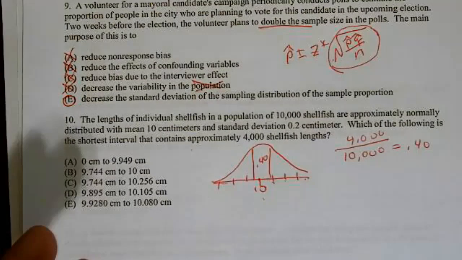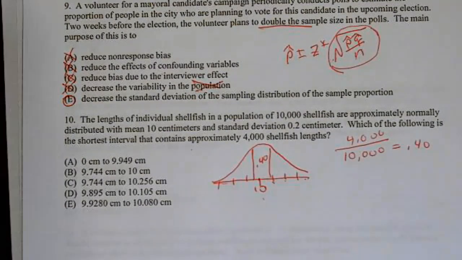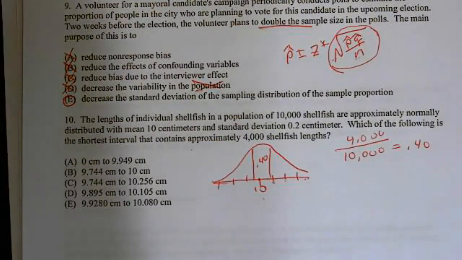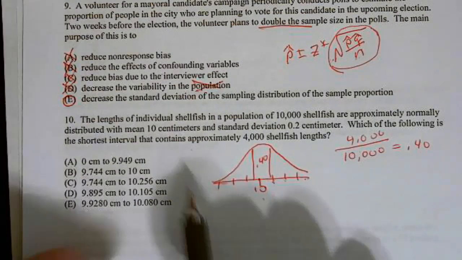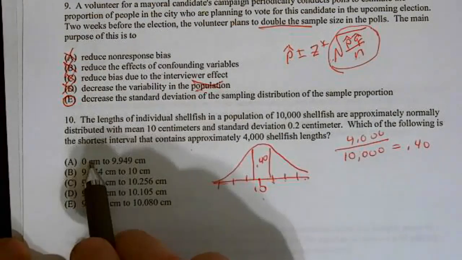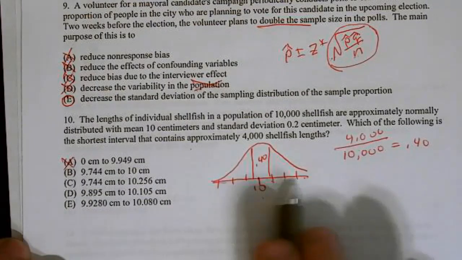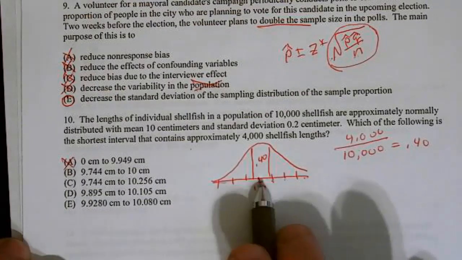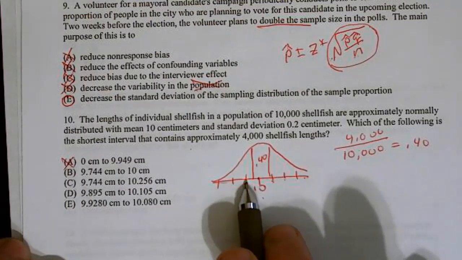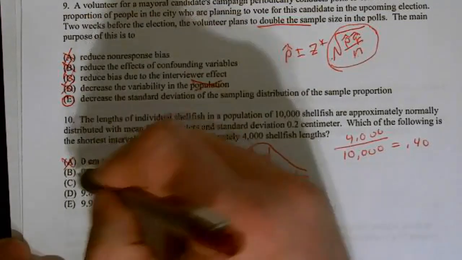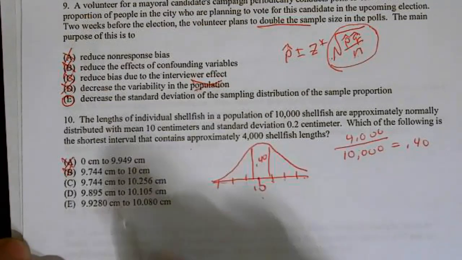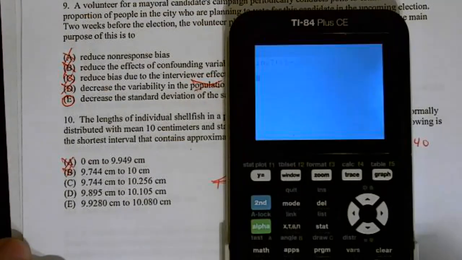There's a couple ways to go about this, but I'm going to look at the ones that are centered on the mean. I'll take this first one. This is not centered on the mean, so I can skip it. This is also not centered on the mean because it's 9.74 to 10, so that's not centered. This one looks pretty centered on the mean, so I'm going to guess that one is a starting point.